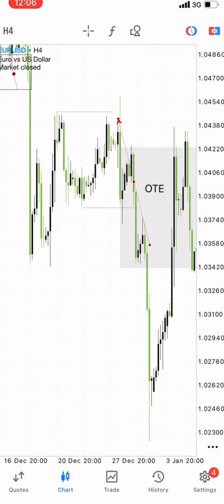So the OTE in basic terms is the pullback used by the market makers to scare away people who are on the right side of the market, but they're not familiar with how the market moves. And it must have happened to you.